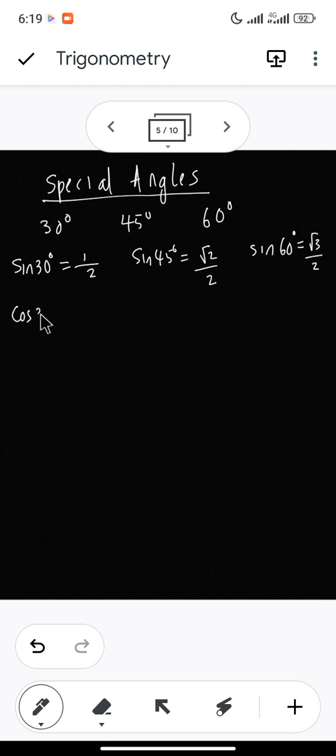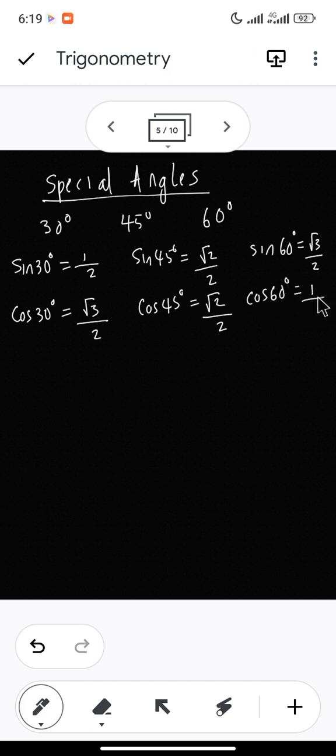Now for cos, 30 degrees gives you root 3 over 2. Cos 45 degrees gives you root 2 over 2. Cos 60 degrees gives you 1 over 2. So these are standards, you understand? They're standards, they don't change.